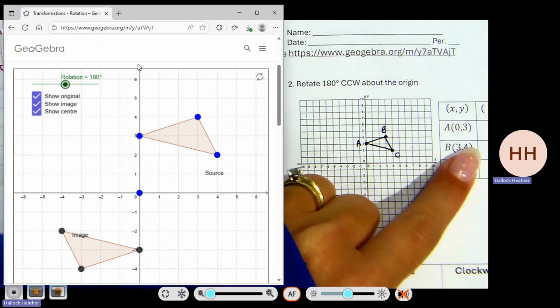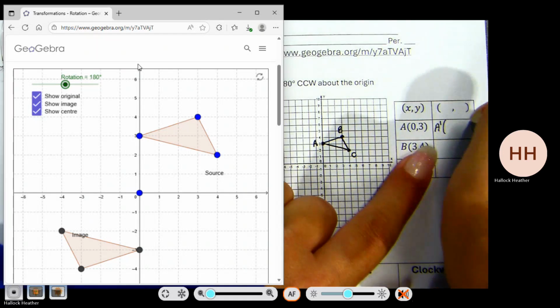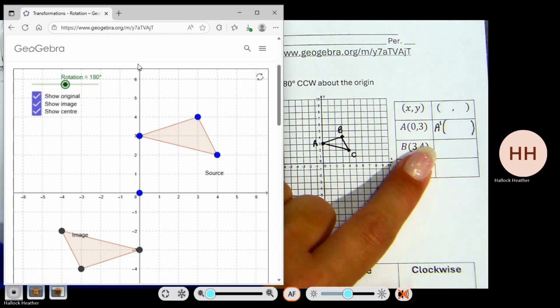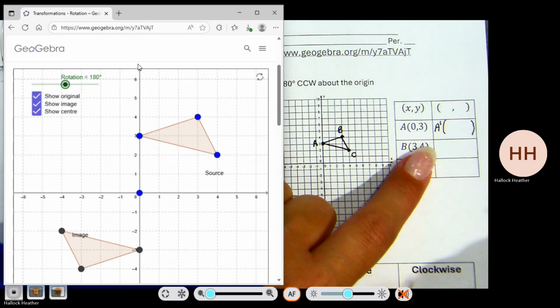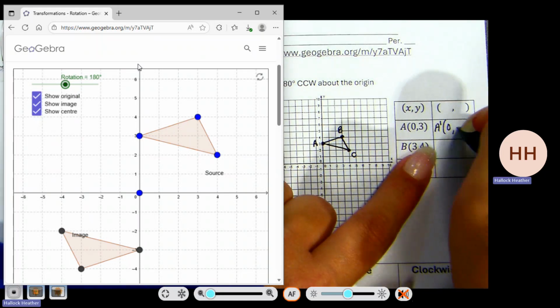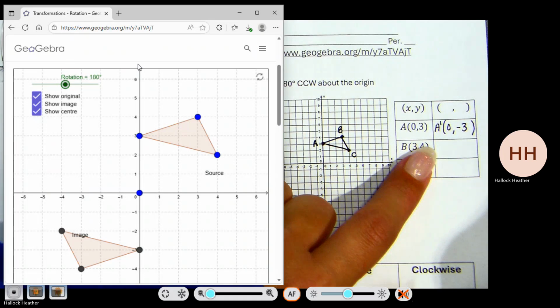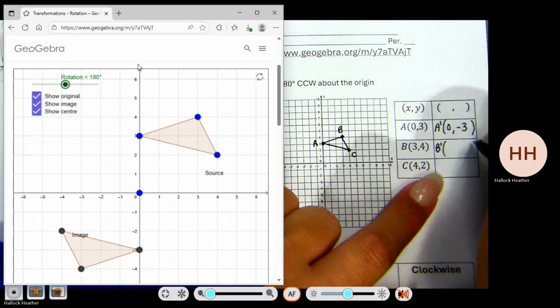So where's A prime at? Zero, -3. Or B prime.